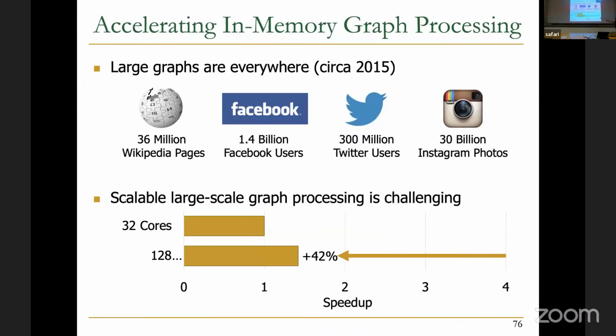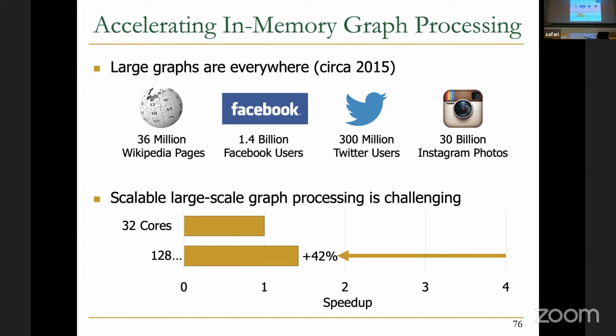And in order to start with a pretty good example, we are going to start talking about one class of workloads that is a prime example of workloads that can benefit from processing in memory. These workloads are graph processing, and graphs are being used everywhere these days. The slide is a little bit outdated, as you can see, but basically reflects that there are very large graphs out there, and these large graphs are used for many different applications.